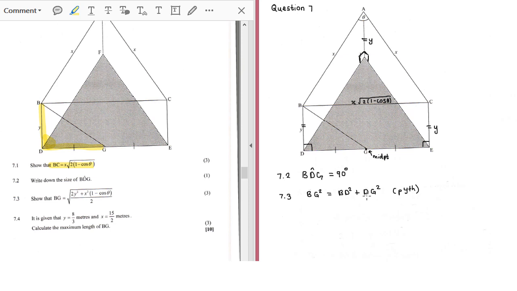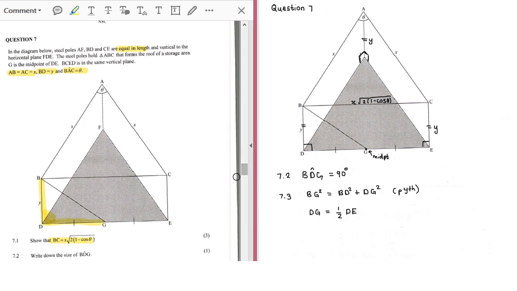So what do we know? We do know that DG is basically half the full length DE. Okay, so now let's go back to the given information.